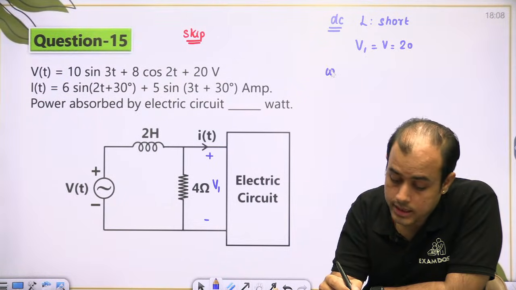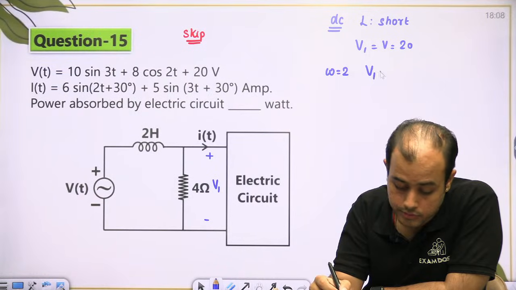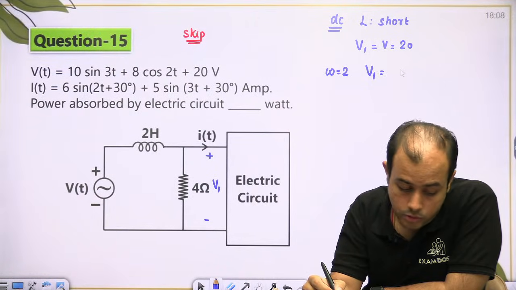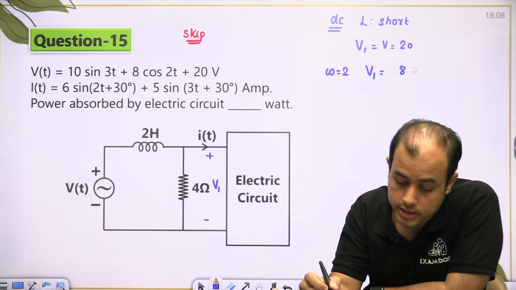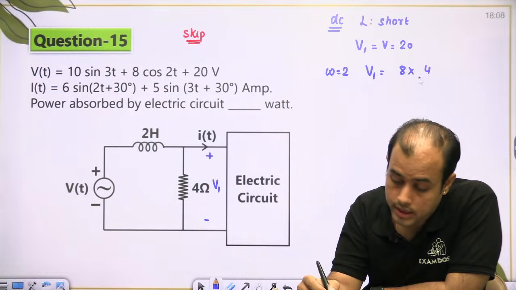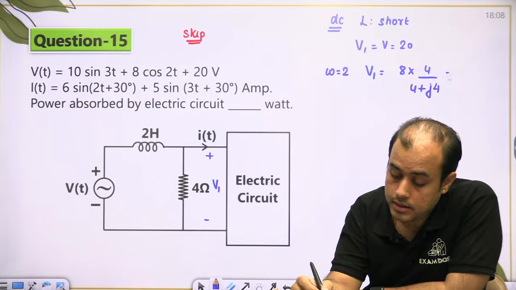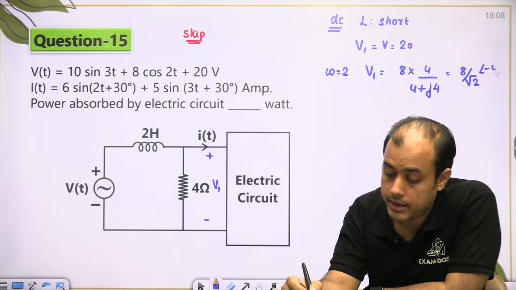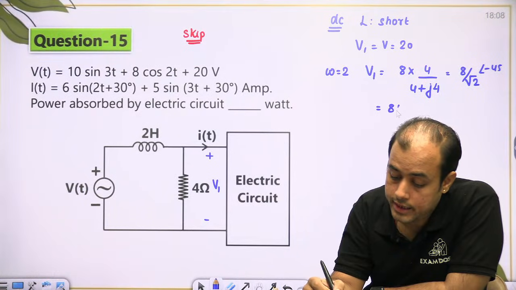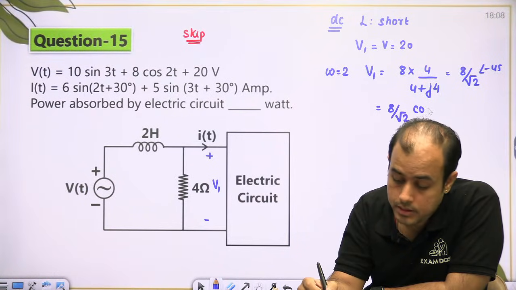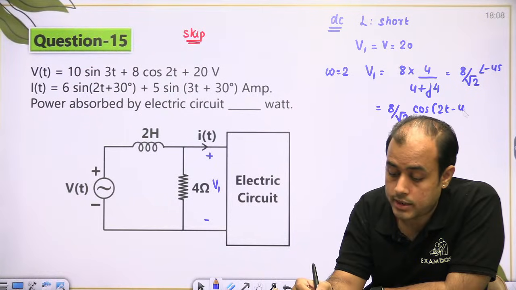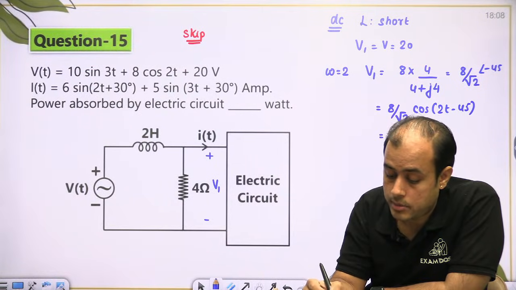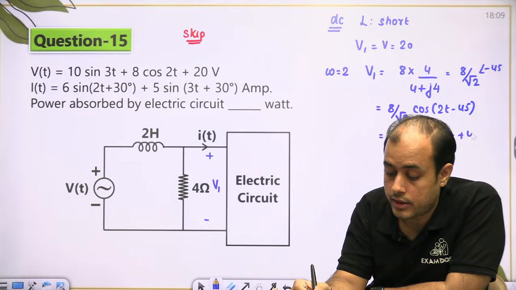For omega equal to 2, V1 voltage is 8 cos 2t into R by R plus j omega L. Okay, so 8 by root 2 angle minus 45. 8 by root 2 cos 2t minus 45 and 8 by root 2 sin 2t plus 45.